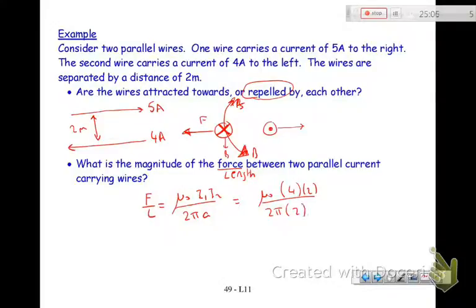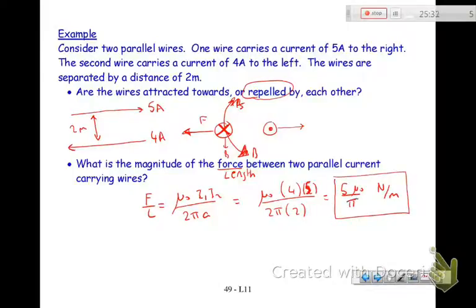That's 2 again, I'm sorry. 4 times 5 times 2, so that's going to be 20 over 4, 5 mu naught over pi, I think, is the answer. The units will be newtons per meter.